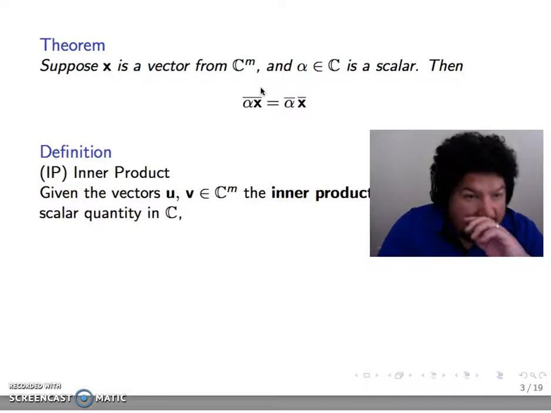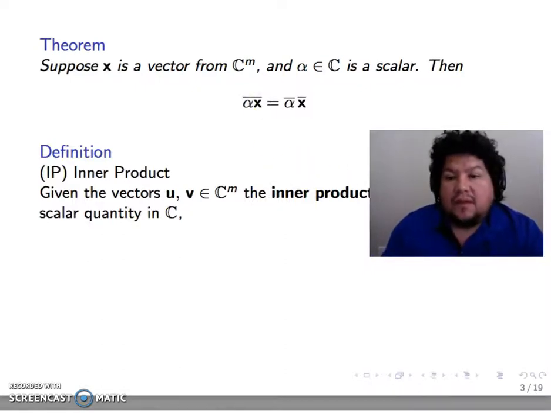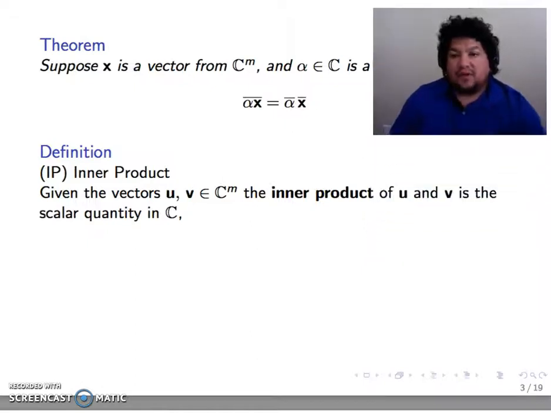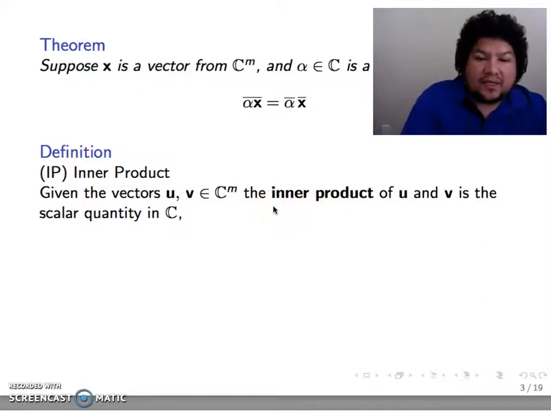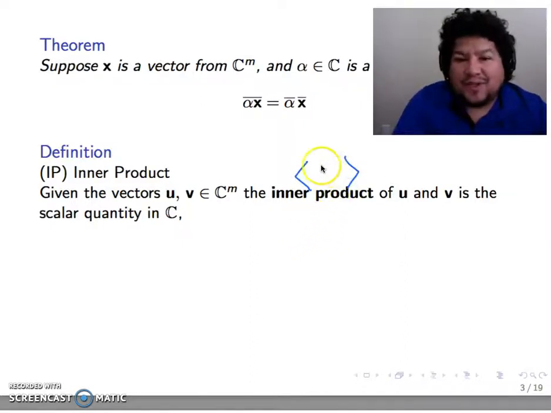Now, we have involved the operation of conjugate so far, and we're going to involve it even more in an operator called the inner product. If you want to write it as an operator, the inner product has a notation that looks a little like the span of a vector, but it's not the span. It has two arguments, which I'm writing here in blank.